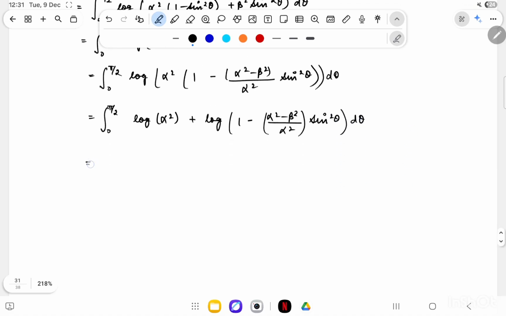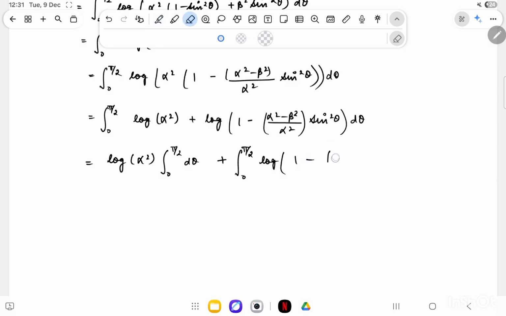Now what I can do is write it as, since log alpha square with respect to theta will be constant, I can pull it out. So it will be log alpha square integration from 0 to pi by 2 d theta plus integration from 0 to pi by 2 log 1 minus, let's write it as 1 minus c square sine square theta d theta.